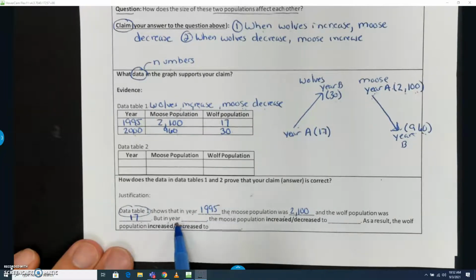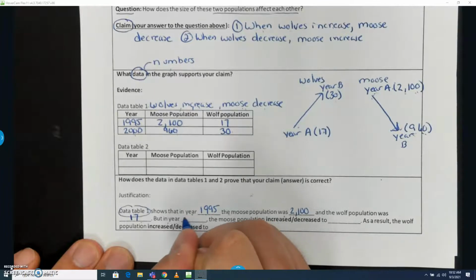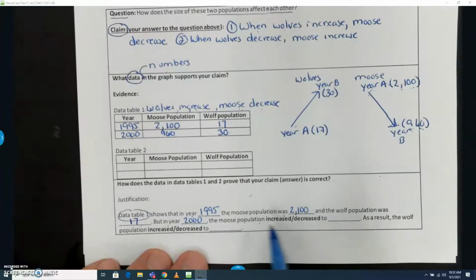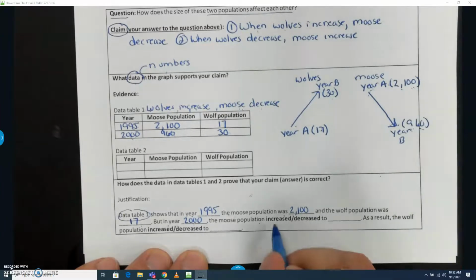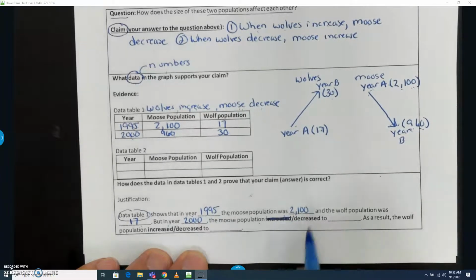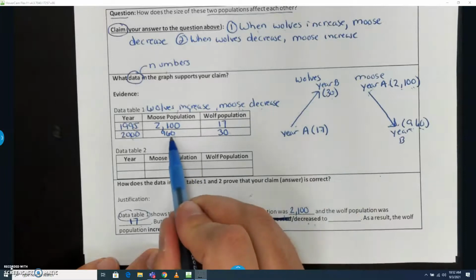But in year, and what's the year we finished in? It was 2000. The moose population, did we see the moose population increase or decrease? Looks like it decreased. So I'm going to actually cross out or delete the word increased because it did decrease. On your computers, you can delete that word. It did decrease to, looks like 960.